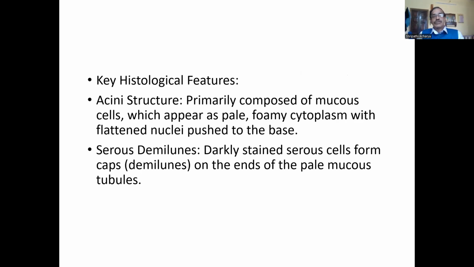Key histological features of the sublingual gland. Acini structure: primarily composed of mucous cells which appear as pale foamy cytoplasm with flattened nuclei pushed to the base. Serous demilunes: darkly stained serous cells form caps, demilunes, on the ends of the pale mucous tubules.